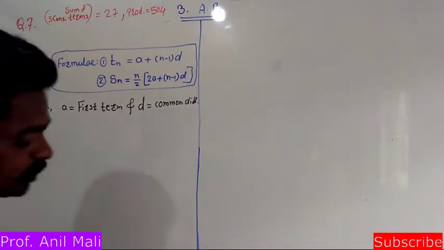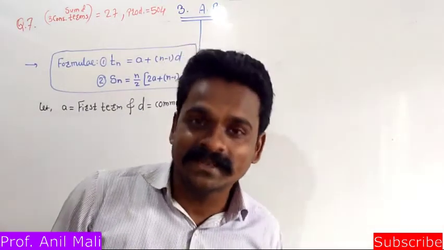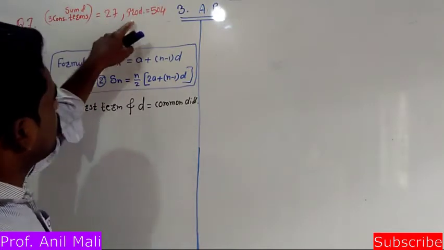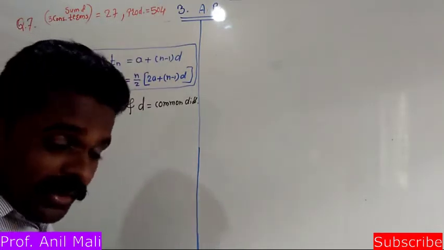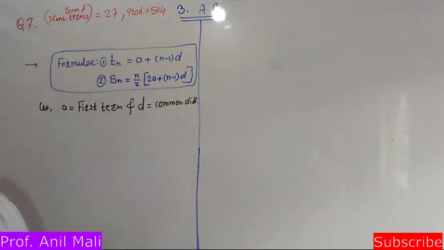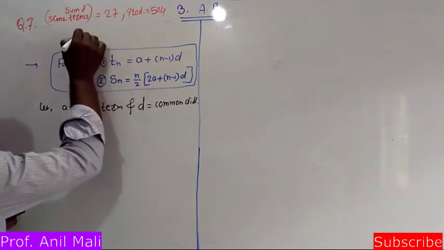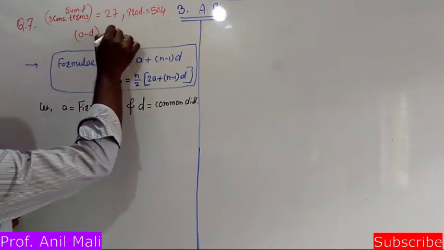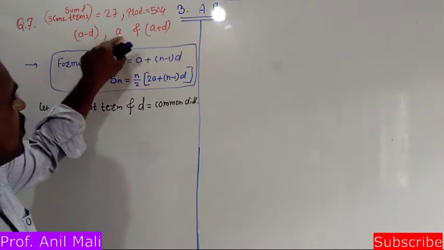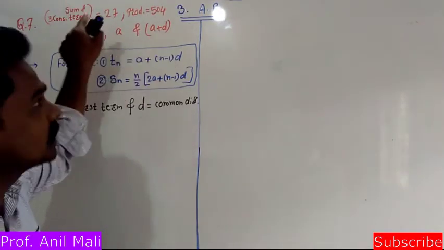Find the terms. So we need to find out those terms. What are the 3 terms which are in arithmetic progression and their sum is 27 and product is 504. Now in the bracket they have given us some additional information: assume that 3 consecutive terms in AP are A minus D, A and A plus D. Assume that these are the 3 terms about which they are talking here.